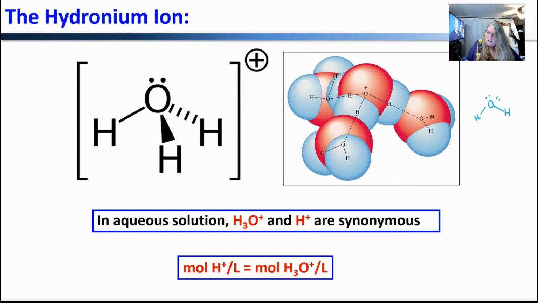Well, what happens on its own is that because it's polar, I'm going to have my other water molecules rotating so that the polar ends are favorably oriented towards one another.